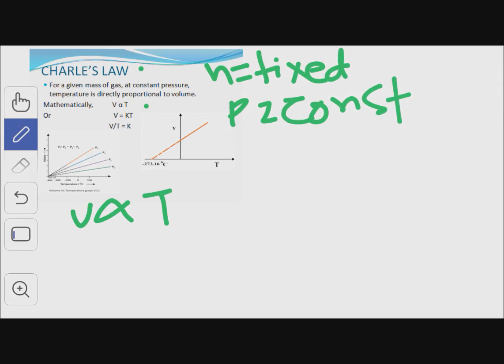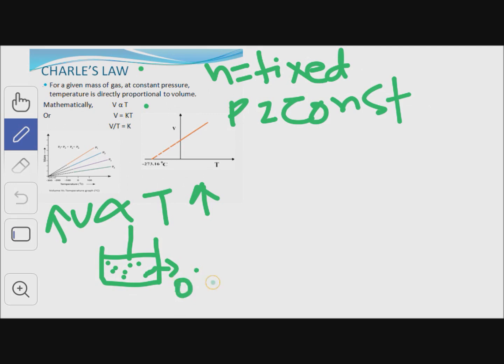When we increase the temperature, the volume of the gas also increases. It means, suppose this is the volume of the gas initially at 0 degree Celsius.